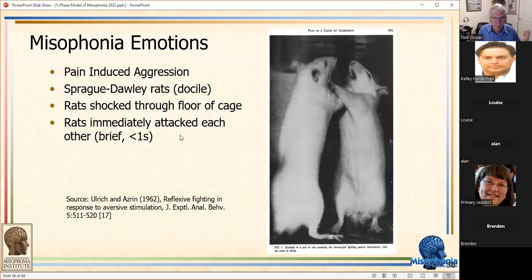They did this experiment with lab rats, and they found that if they would shock the rat, and it was facing forward, it would just sit there. But if one was facing the other, it'd be zap, attack. Or if they both were looking at each other, zap, attack. What are we doing? I don't know. And they'd stop. They'd only go after each other for about 1 second.